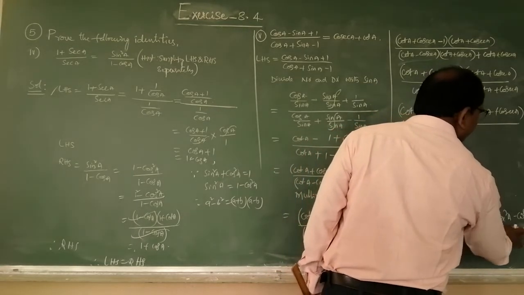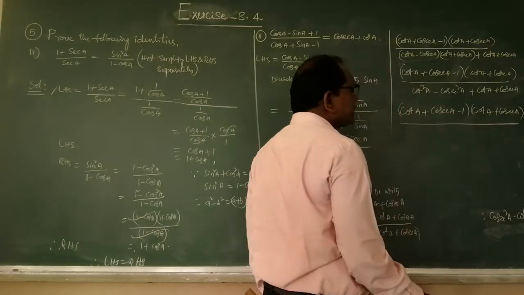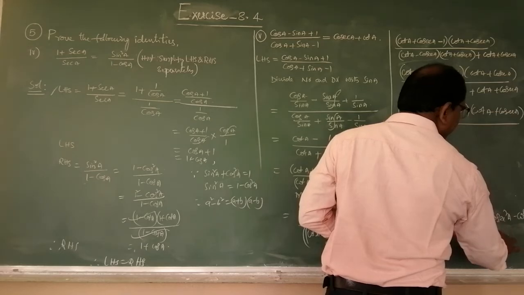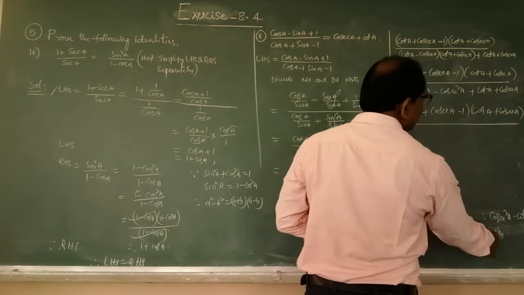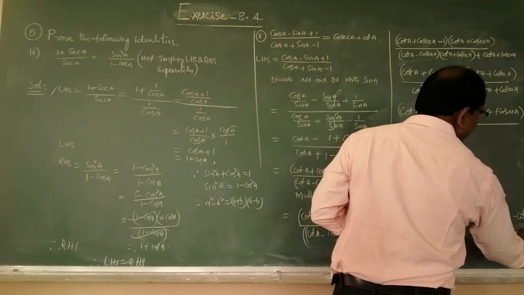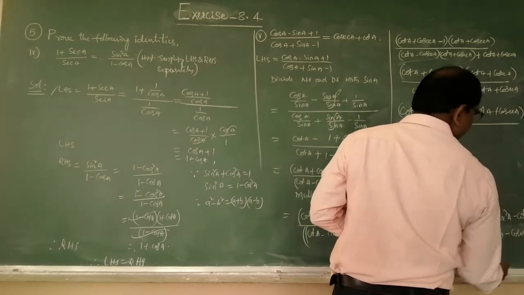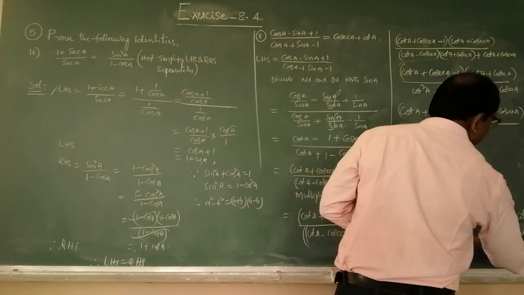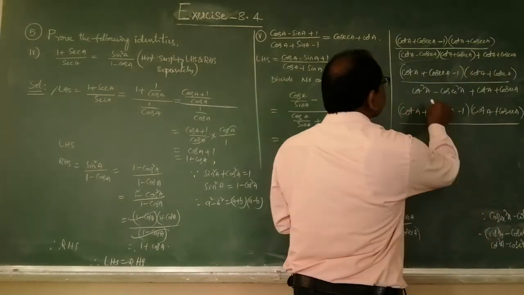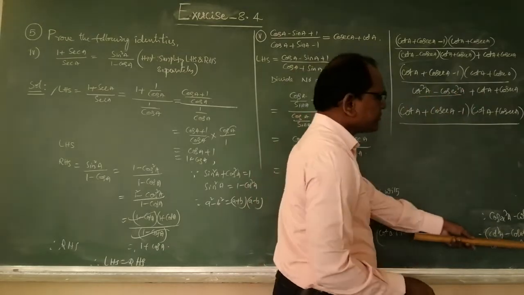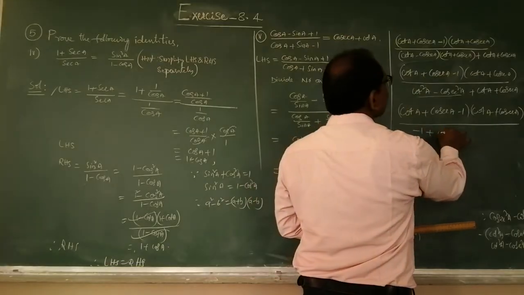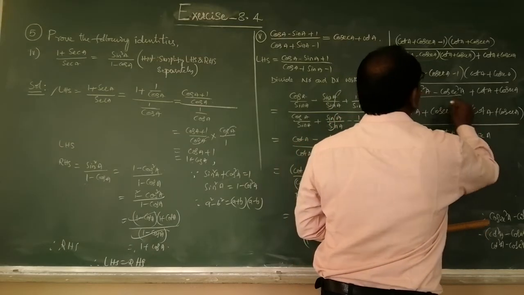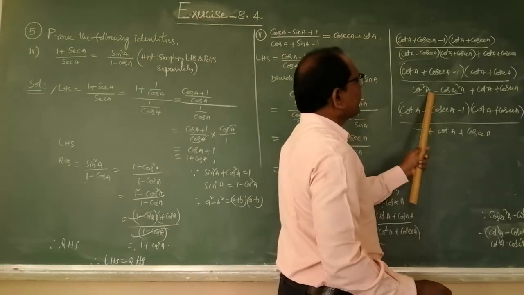Otherwise, you can change this one from here: cot square A minus cosecant square A. This minus is required. Therefore, from this, cot square A minus cosecant square A equals minus 1. Instead of this one, here I am writing minus 1.